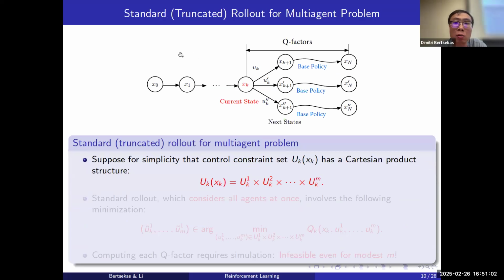Okay, so for this multi-agent problem, let's consider the standard or truncated rollout. Here is the figure for the exact rollout method using a base policy.